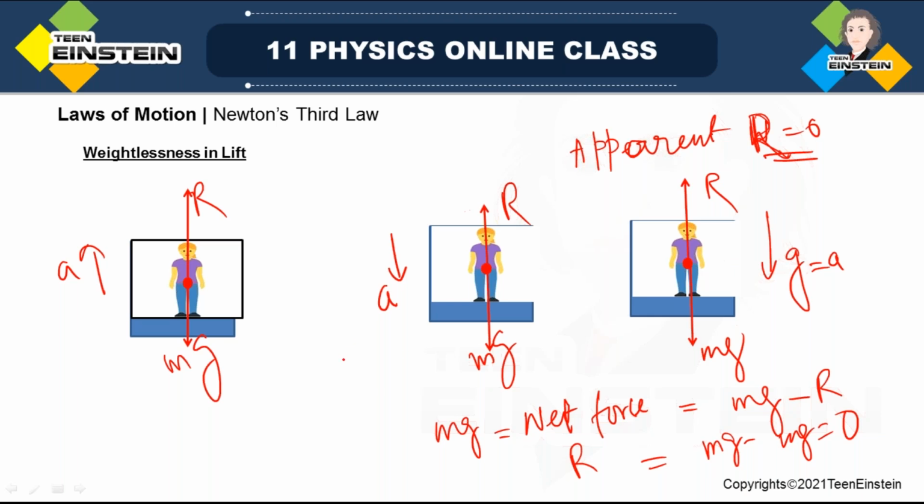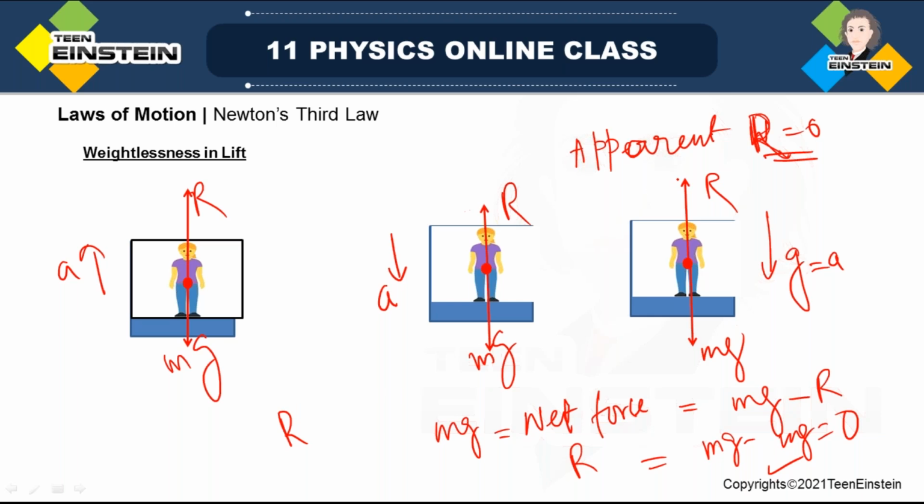So at this condition, if an object is moving freely in the vertical downward direction, freely in the sense it is always under gravity g, and if the lift is also moving in the same downward direction, then you have no normal reaction or apparent weight. So what you get is weightlessness. That means you feel yourself having no weight.